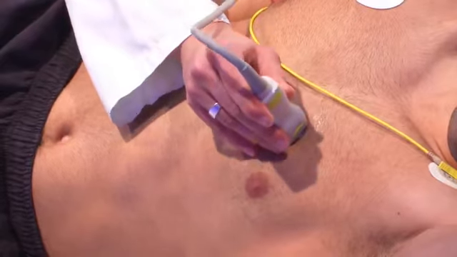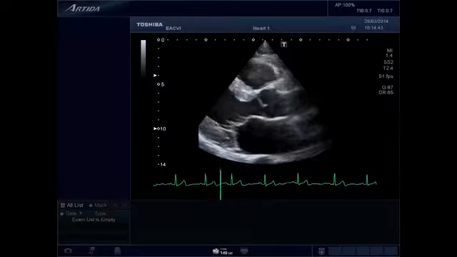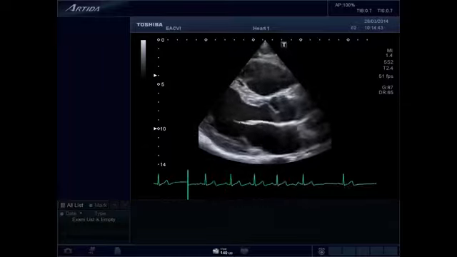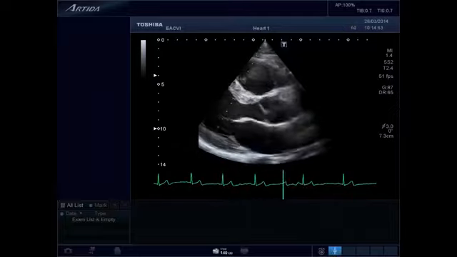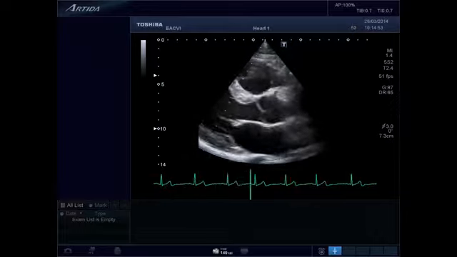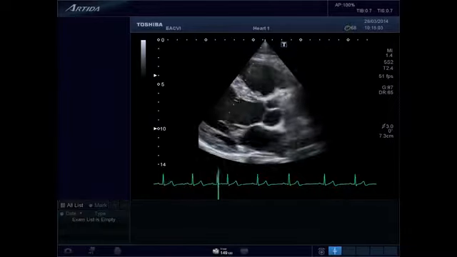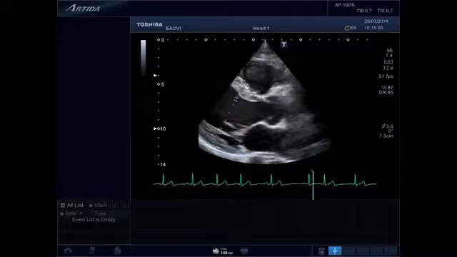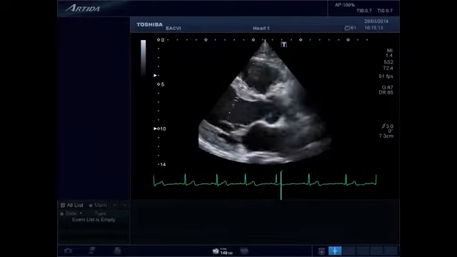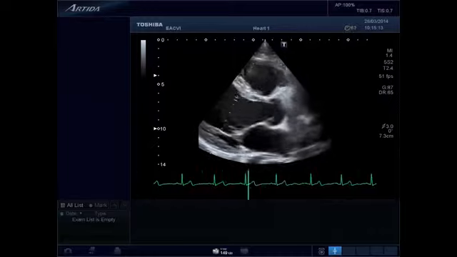Now I will try to obtain a Mmode of the left ventricle in order to assess the diameters and also the left ventricular thickness. So I will try to have my cursor really perpendicular to the long axis of the left ventricle, and the position of the cursor needs to be at the tip of the mitral leaflet in order to have a standardized view and to be able to compare the measure that I have with the reference values.